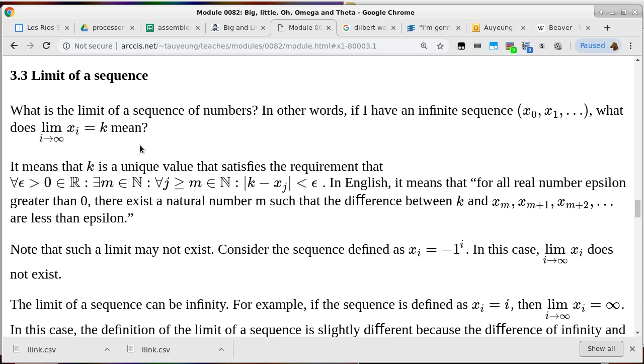If you find me any epsilon that is greater than 0, I can find you an m, such that m is an integer. Every single j that is greater than or equal to m, and j itself has to be a natural number, will have this particular property. What property? The absolute value of k minus x_j, x, by the way, is a series. k minus x_j is going to be less than epsilon.